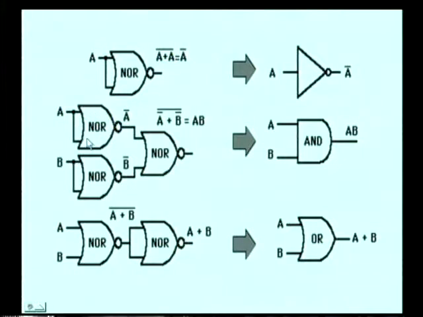When these NOR gates are used as inverters and feed the inverted values as inputs to the NOR gate, we realize AND gate functionality. This is the realization of the basic gates using the NAND and NOR gates.